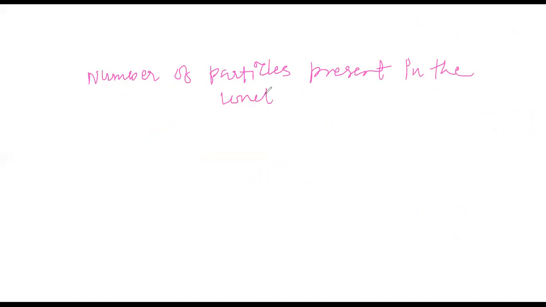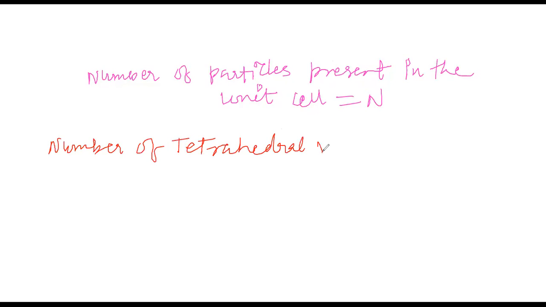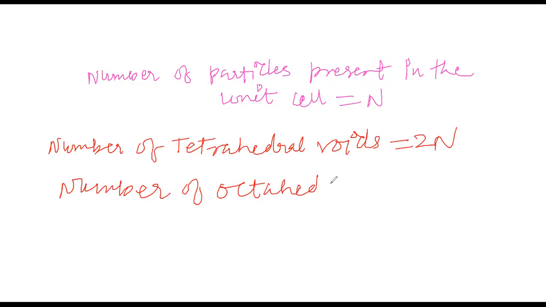number of particles. So, my dear students, if the number of particles present in the unit cell is equal to, let's say, n, then we will have the number of tetrahedral voids equal to 2n and the number of octahedral voids equal to n.